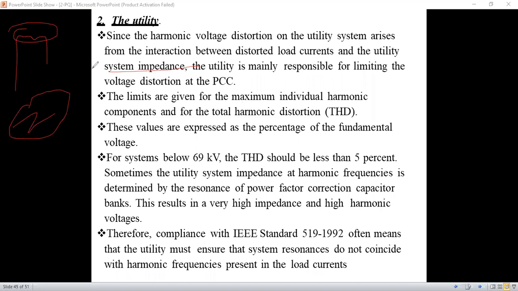So based on that, we consider the interaction between the distorted load currents and the utility system impedance.